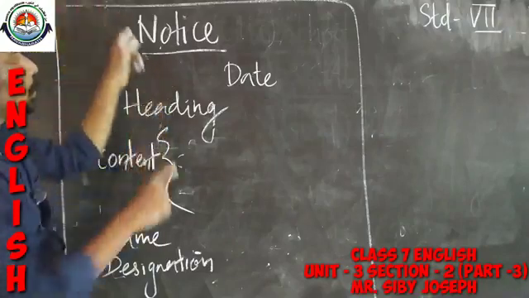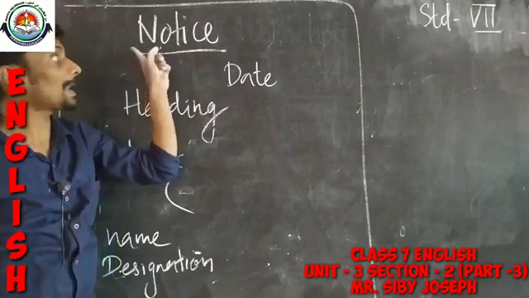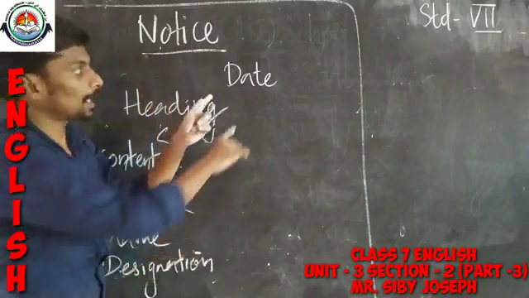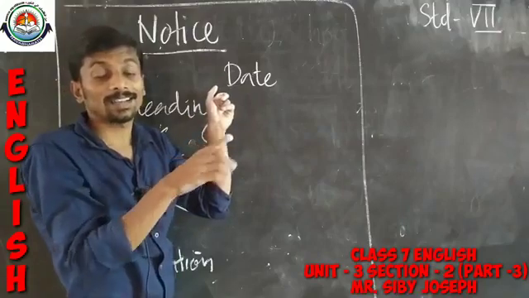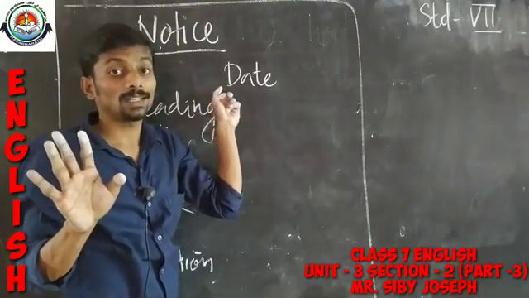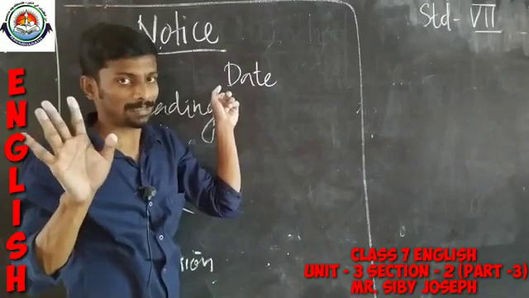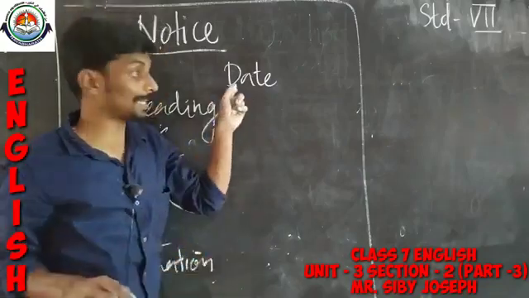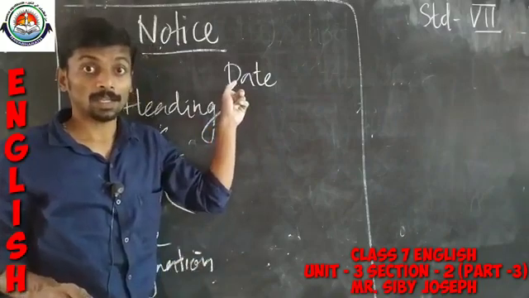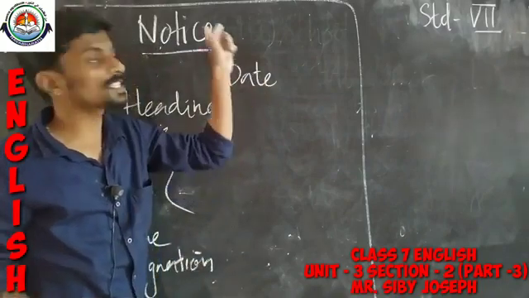First of all, there is the title as notice, then you have to write the date. Which date? It is not the date of the incident, or the date of the function, it is the date on which you made this notice.